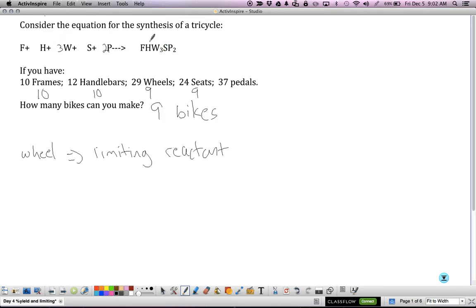So that name kind of makes sense. And then we say that all the other reactants are, quote, in excess. You remember we saw that word the other day. Now we kind of know what it means. Some things limit, and some things you have more than you need.